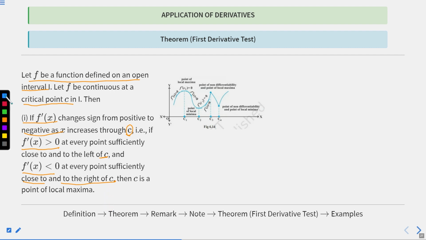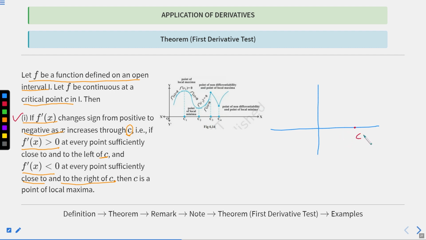What it says is, as you can also see from this graph, let me draw some part of this graph. So what is this saying? That c is a critical point, and it is continuous.